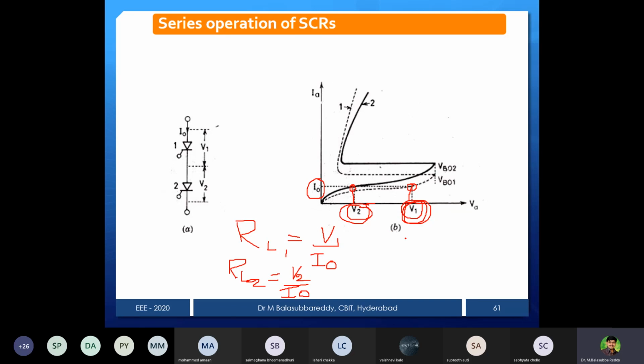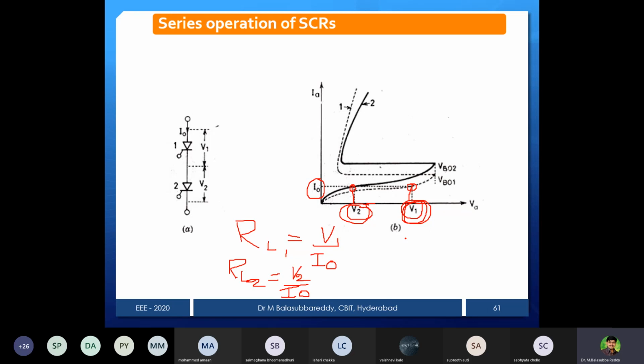What do I have to do? Anybody can answer this. Now we have identified the reason behind unequal voltage sharing, but how do we overcome that problem? One reason we identified at this moment is that the leakage resistances are different, so they share or block different voltages.